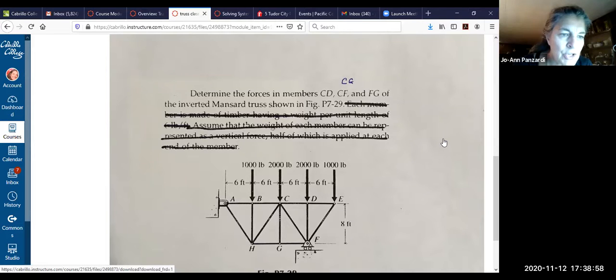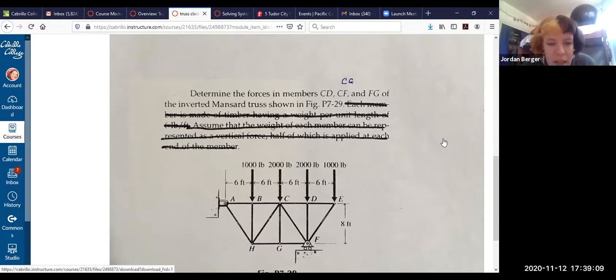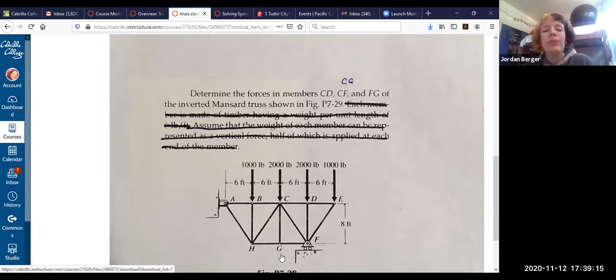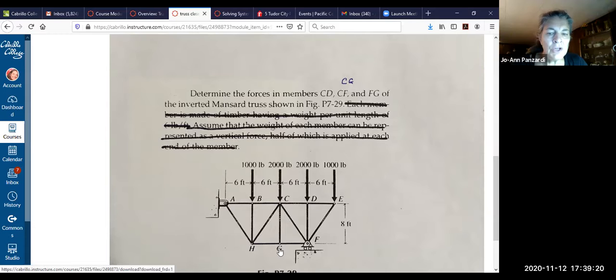Do you see any joints that satisfy rule 1 or 2? I guess CG would. Okay, so which joint are you looking at for determining rule 2? G. So you look at G, there's 3 members there, 2 collinear, 1 not, no external support, no external loads. Yes, CG is equal to 0. So we already canceled out one thing really quickly.